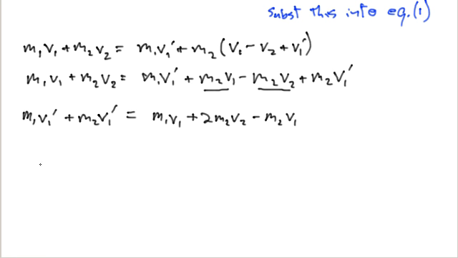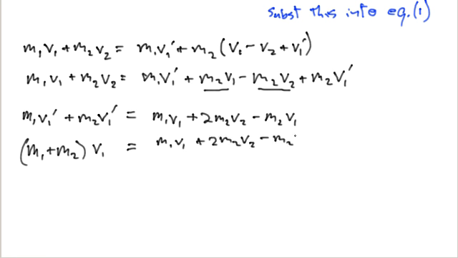Okay, that looks good. Factor out the V1 prime, so I got M1 plus M2 times V1 prime equals M1 V1 plus 2 M2 V2 minus M2 V1. No, I don't want to divide yet. Okay, divide in this step.